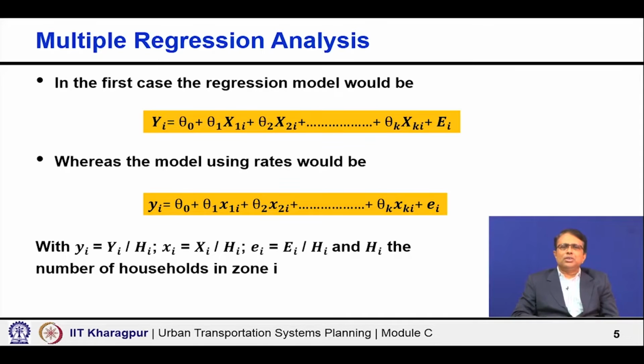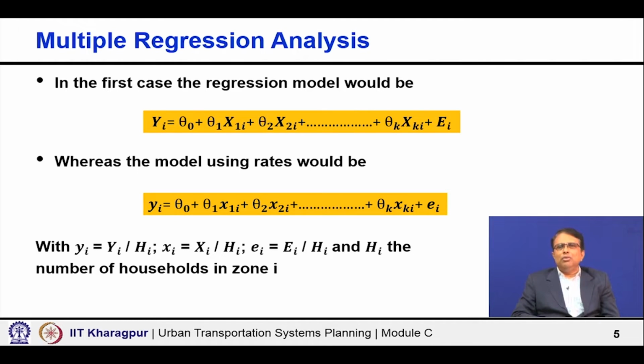Now, obviously, if you say small y_i equal to capital Y_i divided by the number of households H_i in that zone, zone i. Similarly, small x_i equal to capital X_i divided by H_i, the number of households.